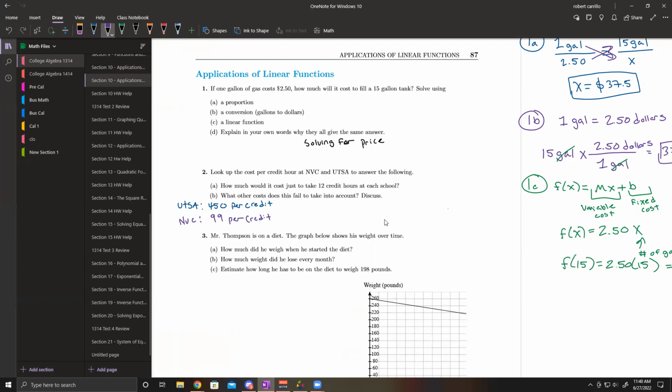So now we have the credit costs per hour at NVC and UTSA, and for 2a, it says, how much would it cost to take 12 credit hours at each school? Okay, so let's see. For 2a, if we go to UTSA and take 12 credit hours, that would be 450 times 12.